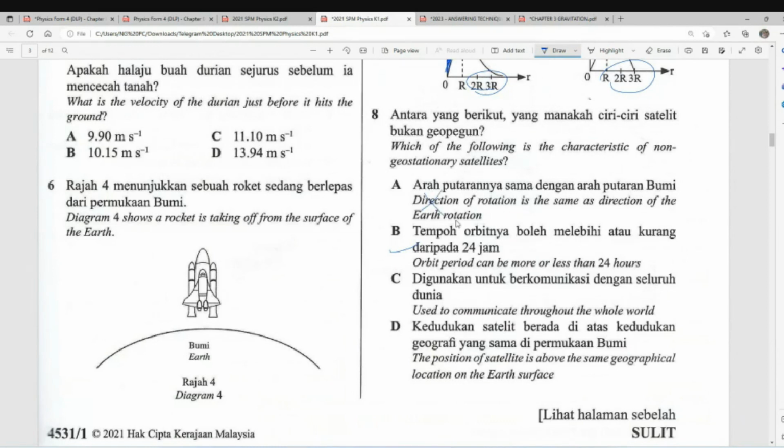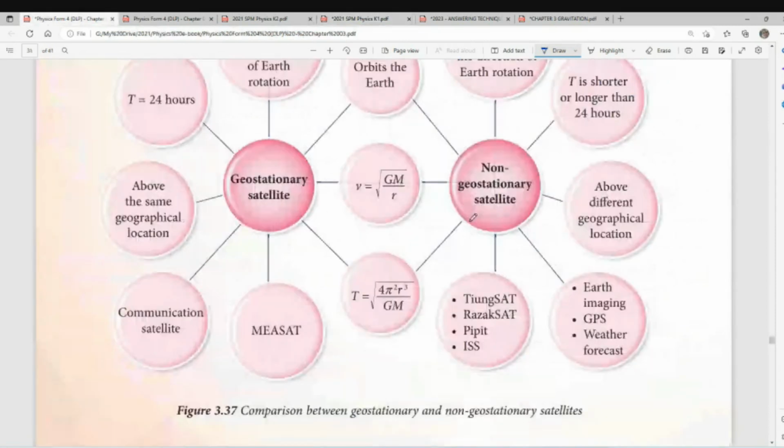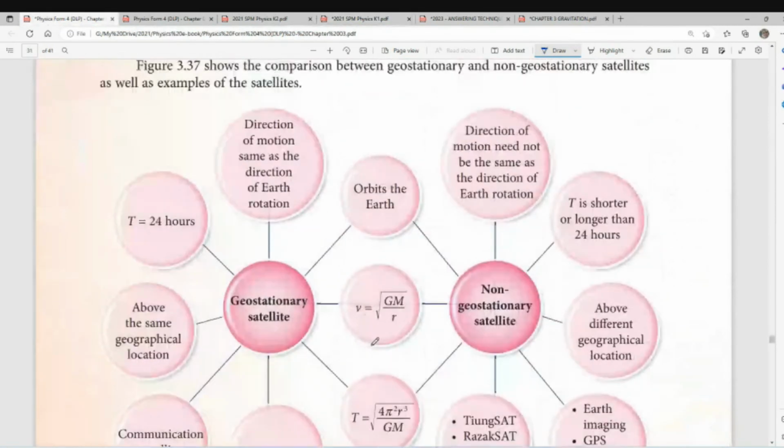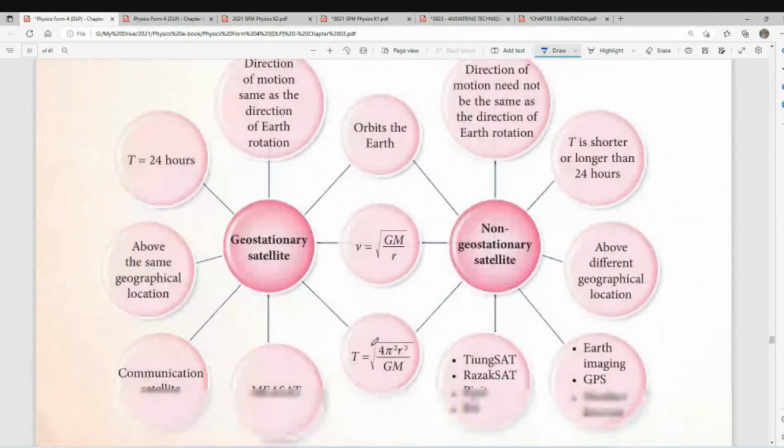Then, used to communicate throughout the whole world. Is this the correct one? Refer to the textbook here. Used for communications is actually for the geostationary satellite, not for the non-geostationary satellite.